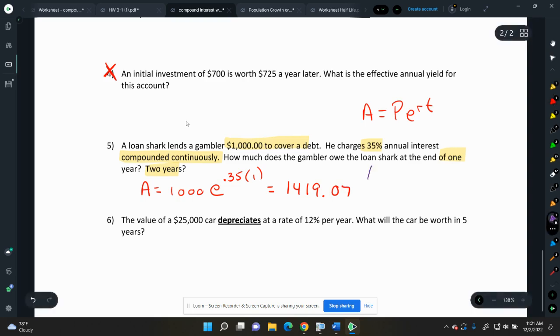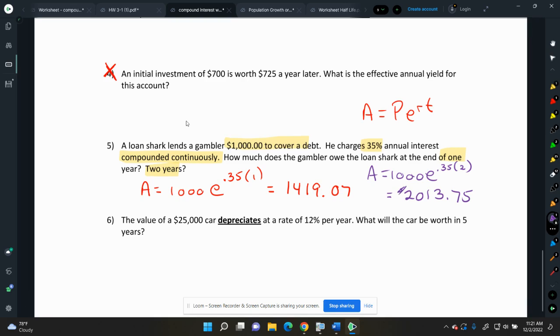For 2 years, A will equal 1,000 times e to the 0.35 times 2, which comes out to $2,013.75. Okay. Questions on that?